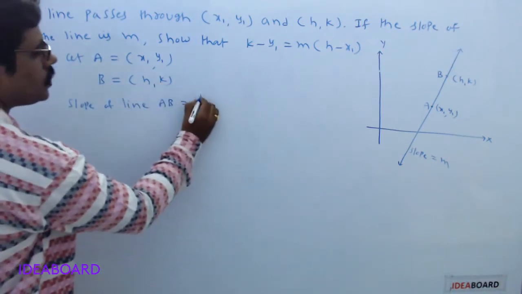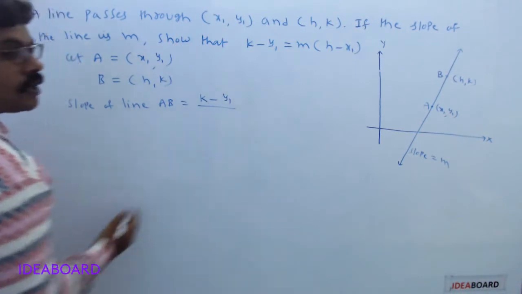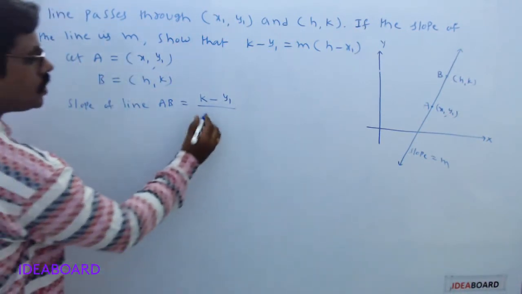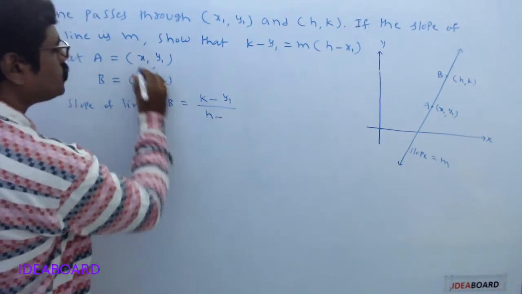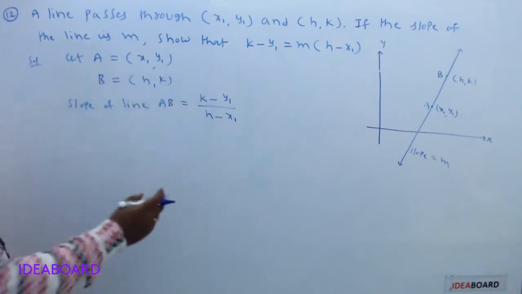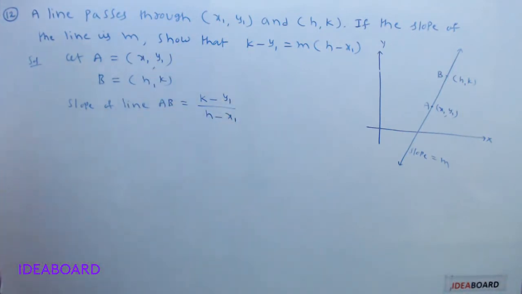Here y2 is nothing but k, so k minus y1 divided by x2 minus x1, and x2 is h. So slope of line AB is k minus y1 divided by h minus x1.